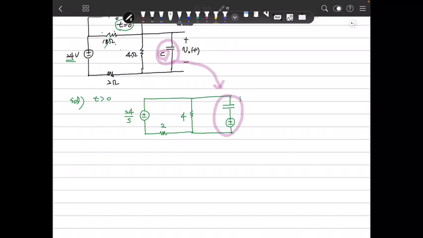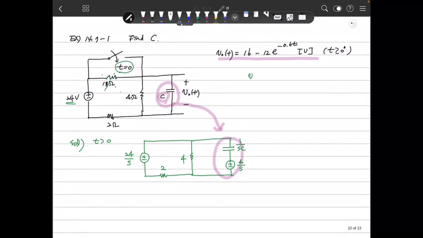So that value is 1 over SC, and that value is 4 over S. Actually, why is this 4? Now you know that V0 at t equals 0 was 16 minus 12, that will be 4. So that is the initial condition. So we use that variable here.